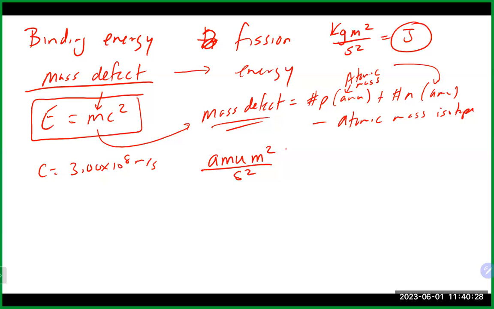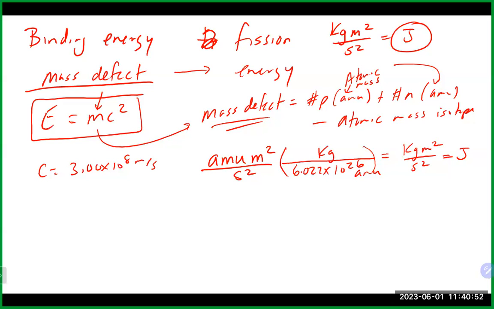So if you did use the Einstein equation here, this is where we would divide by Avogadro's number to the 26th, which, because we're taking it to the 26th and not 23rd, takes us to kilograms, and that would get you kilograms meters squared per second squared, which equals a joule.